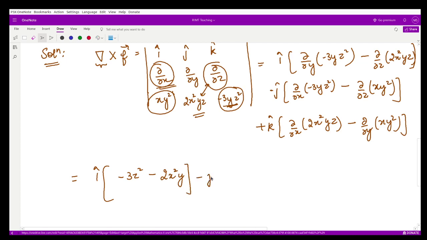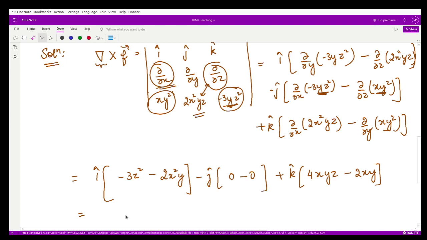For j cap, there is no x, so this quantity is 0, and here there is no z, so this quantity is also 0, right? And for the k cap, we take the partial derivative with respect to x, so it would be 4xyz, and with respect to y, it would be minus 2xy. So this is your curl calculated for the vector f.